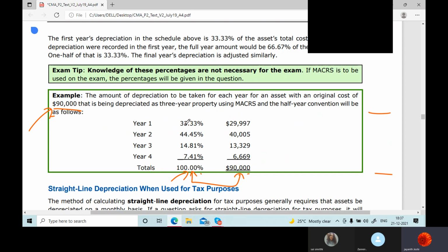First year, it is half year, 33.33%. Second year, we will apply this percentage. Third year, this percentage. Fourth year, again half. So the 90,000 asset is getting depreciated in this manner, and by its lifetime it has got depreciated by 100%, but in this way. Okay, please have a look at this. We'll go forward.